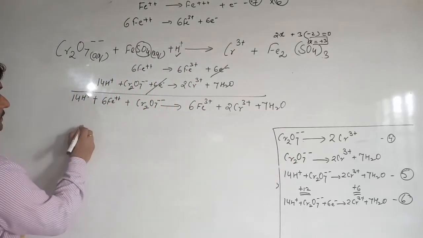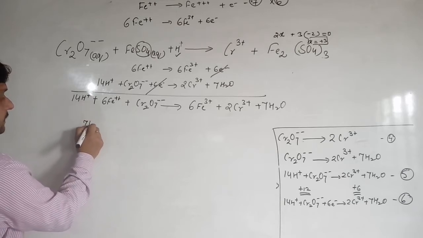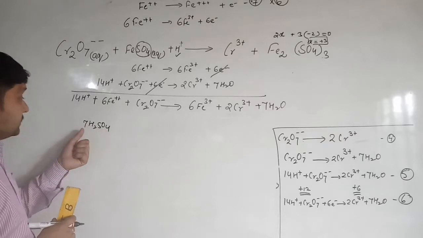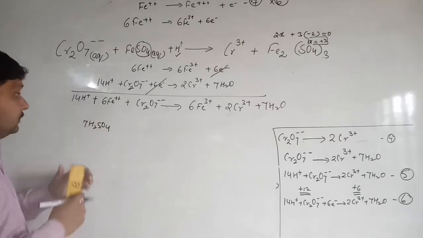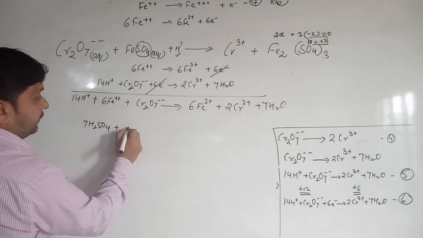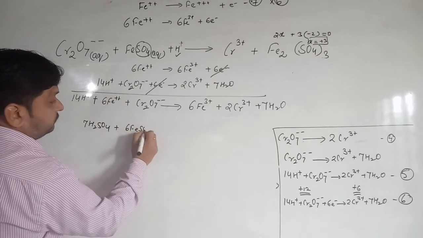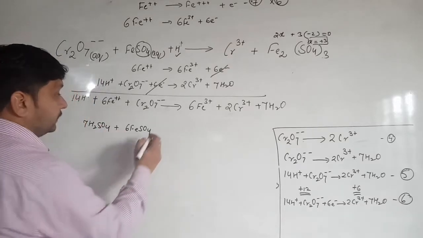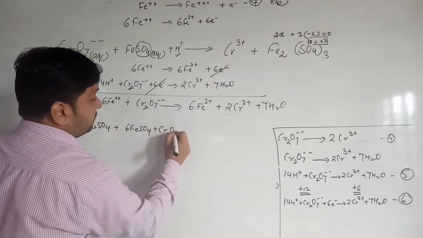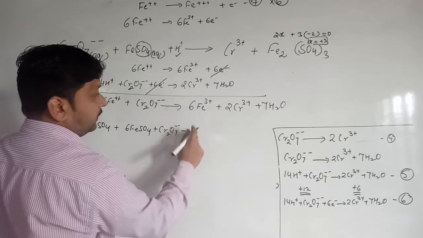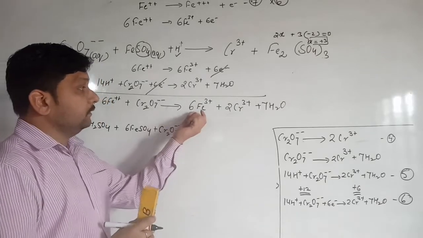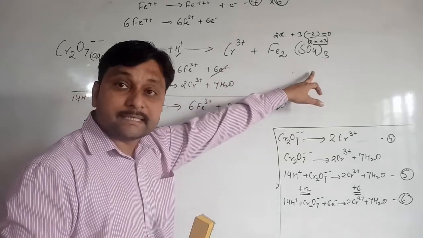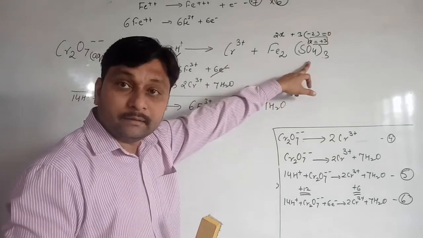So in the molecular form: 7H2SO4. Clear? 7 times 2 is 14, that is 14H. Plus 6FeSO4. Now we add 7 and 6, that is 13. Clear? Plus Cr2O7 2- arrow 6Fe. In this case, Fe2(SO4)3 means 2 Fe require 3 SO4.